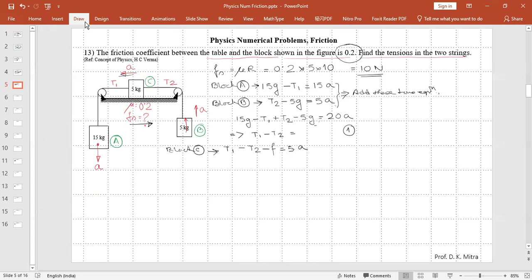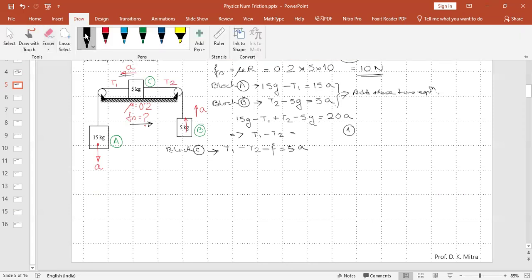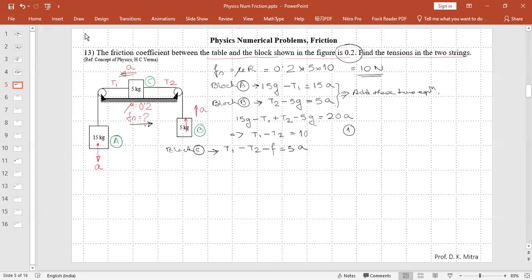This will not be like this. T1 minus T2 minus F is equal to 5A.